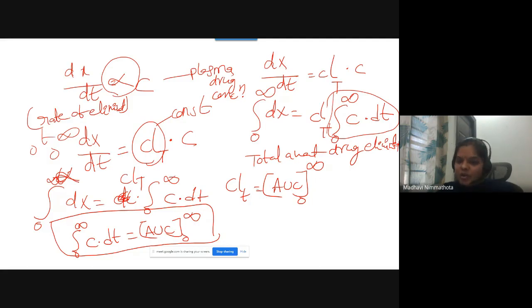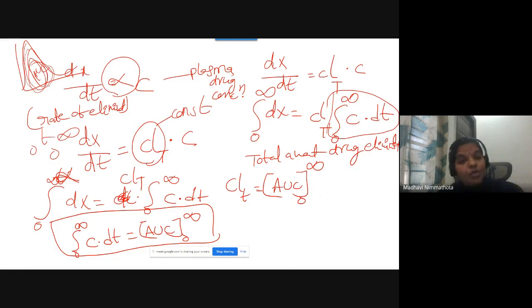And one more important thing: in the case of clearance, why do we need to write AUC? See, how much amount of the drug will be available in the total area, the total body area, just assume like that. The total amount of the drug will be available under this AUC only.